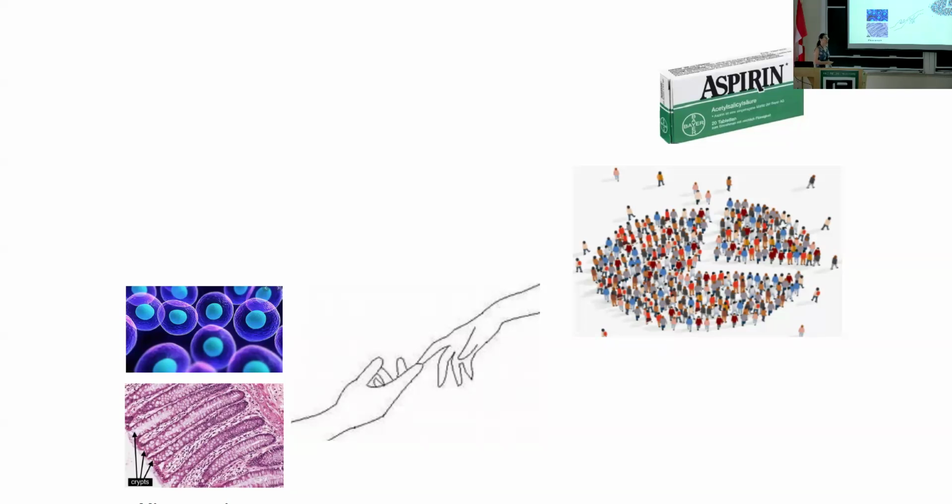And to me, the interesting part about this project is the connection between the microscopic evolution that happens as a stochastic process in small compartments of the body and the epidemiology of cancer. So aspirin affects how quickly cancer develops in the population, right? So here we provide a link between the two very different scales.